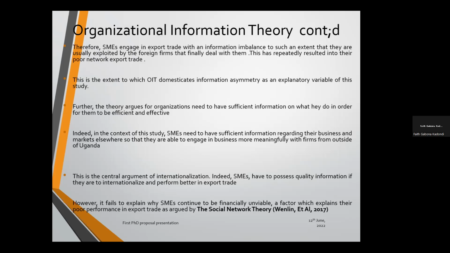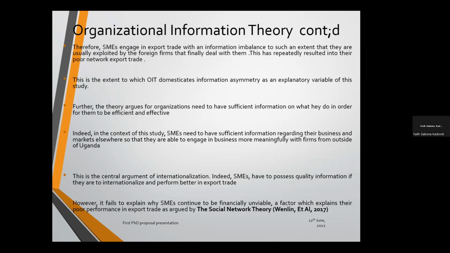In the context of the current study, SMEs need to have sufficient information regarding their businesses, the markets they're going to export in, so that they're able to engage in businesses more meaningfully with other firms outside of Uganda.